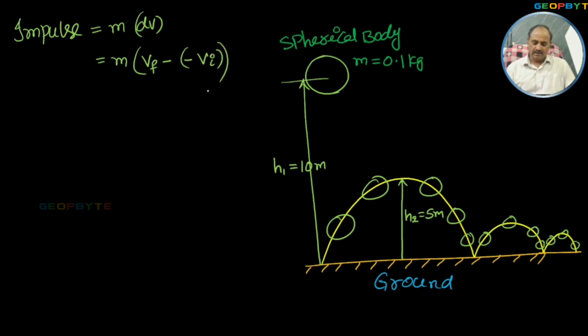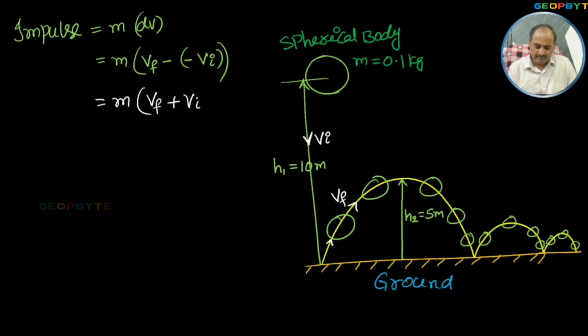The reason is that the spherical body is moving downwards and then bounces in the opposite direction, so the final velocity and initial velocity are opposite. That's why it is written as mass times the final velocity minus minus initial velocity. Finally, it is mass times the final velocity plus initial velocity. For that, we need to decide the final velocity and initial velocity.